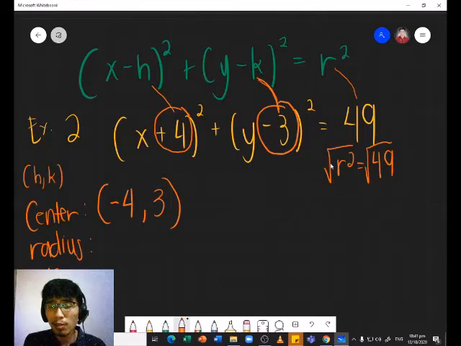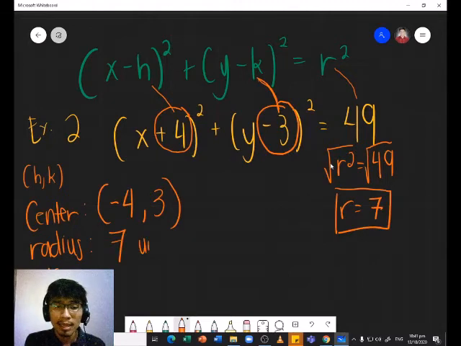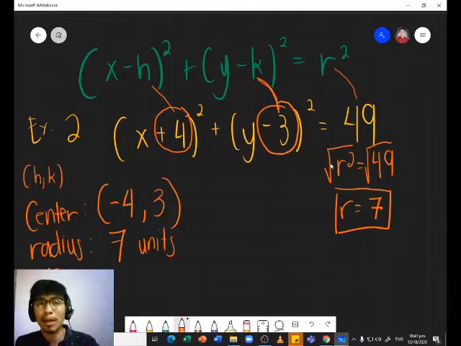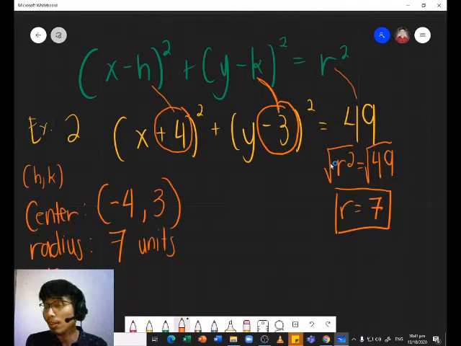What is the square root of r squared? That is r. What is the square root of 49? That is 7. So therefore, your r, or the length of your radius, is 7 units. That's how you do it by mere inspection every time I ask you about the center and the radius, ladies and gentlemen. Okay, so that is example number 2.